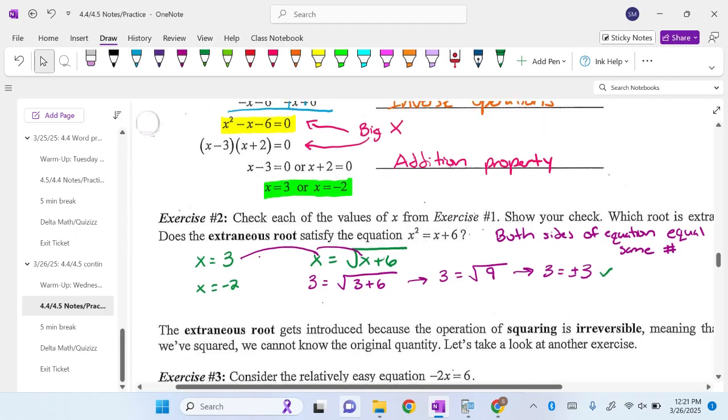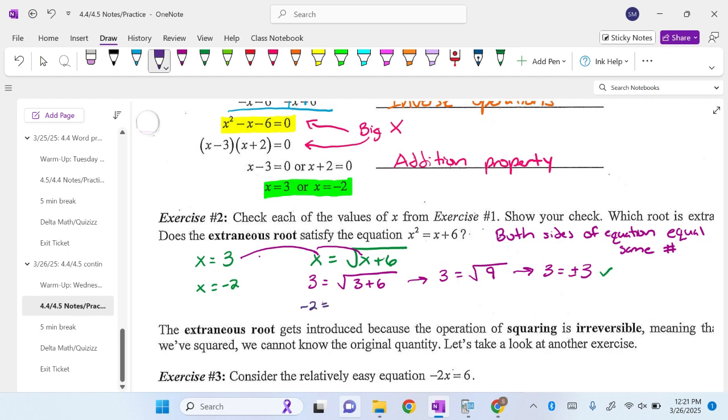But on the other hand, if we had negative 2 equals, well, actually, let's leave this as just positive 3. The square root of negative 2 plus 6. What's the square root of negative 2 plus 6?